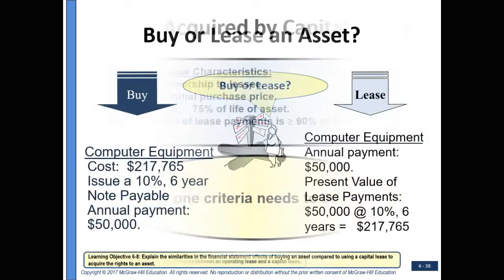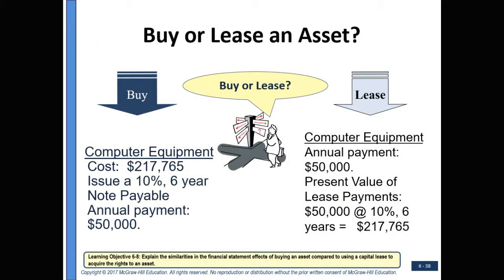Now let's talk about buy or lease when it comes to an asset. Should you buy or lease? So if you buy computer equipment at a cost of $217,765, you could issue a 10% 6-year notes payable with an annual payment of $50,000.